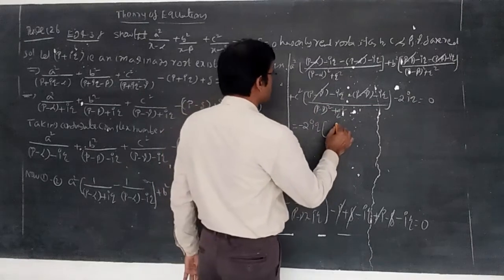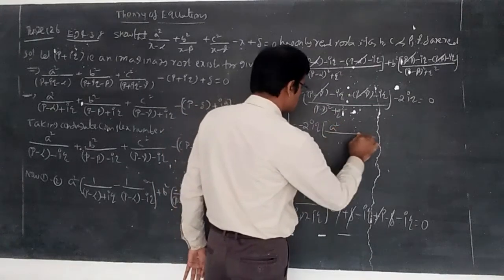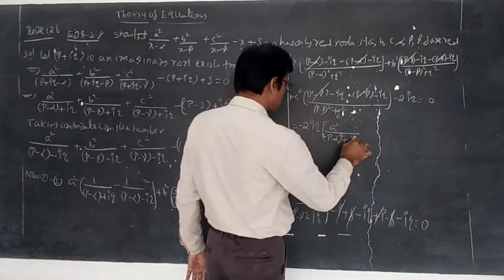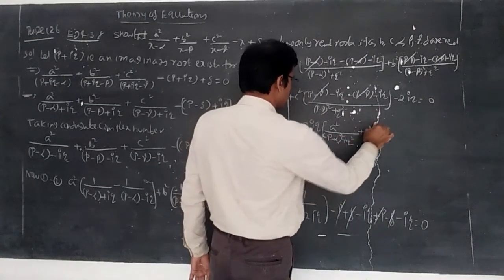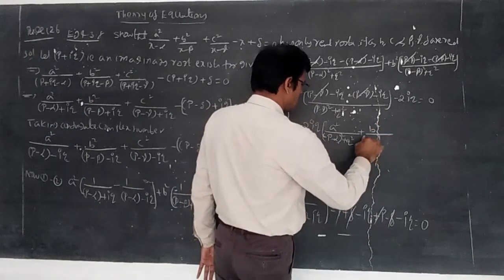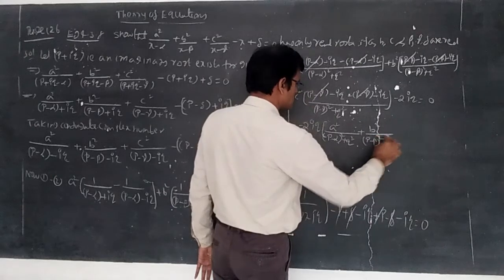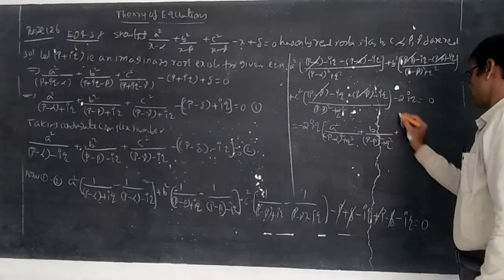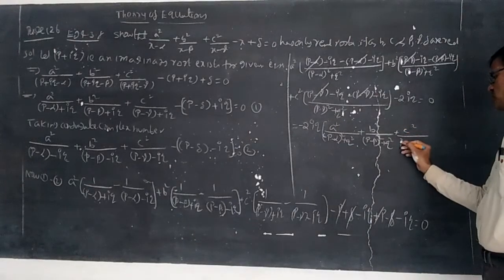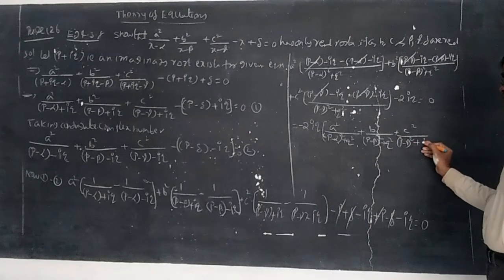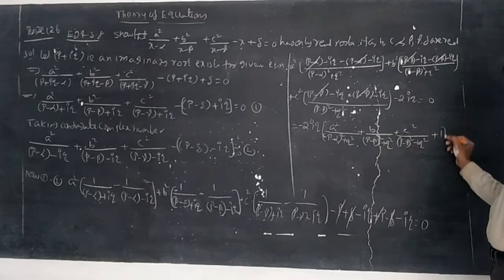Minus 2 I cube. Now you can write here a square by (p minus alpha) whole square plus q square, plus b square by (p minus beta) whole square plus q square, plus c square by (p minus gamma) whole square plus q square, this is equal to 1.